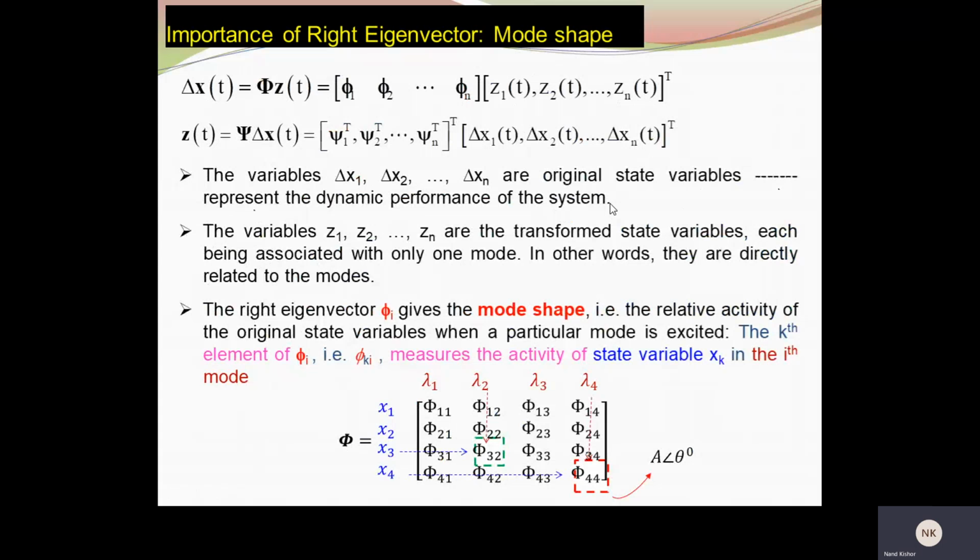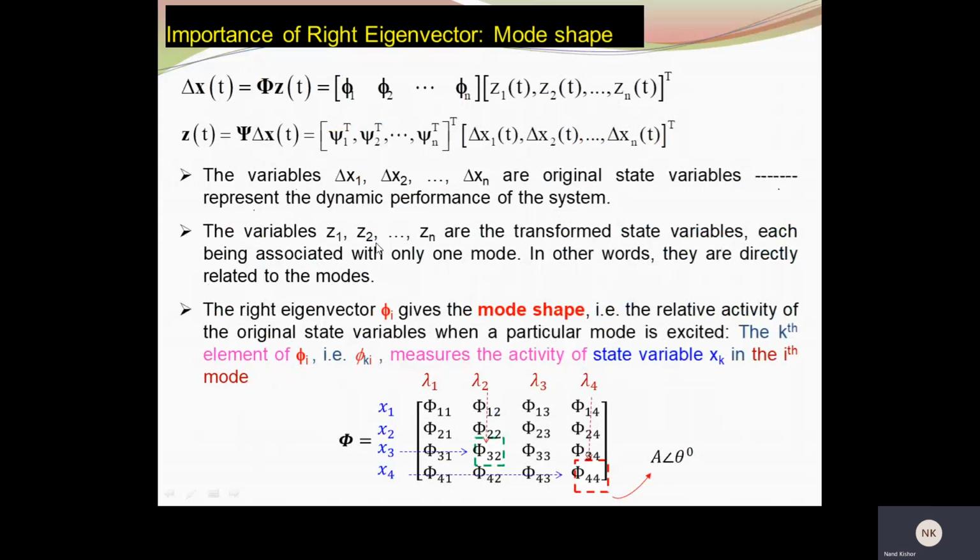Then we have introduced another set of state variables, z, which are the decoupled, transformed state variables. They are of decoupled nature, each being associated with only one mode, and thus these state variables are directly related to a particular mode here.